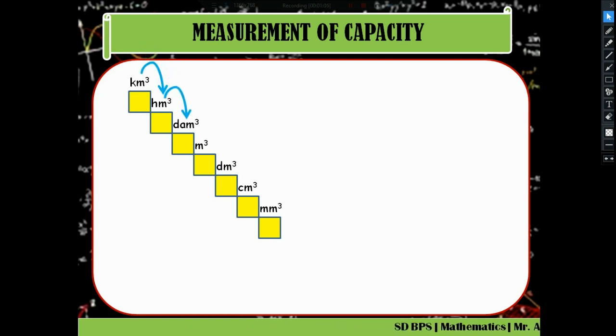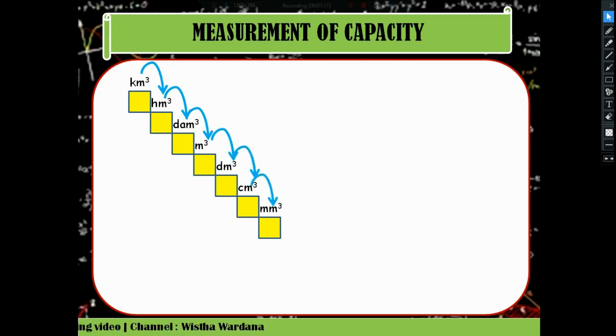In every single one move down from the other measurement, you have to multiply by 1000, not 10 or not 100, because the degree of measurement of capacity is 3. So in every one move down from the other measurement, you have to multiply by 1000.